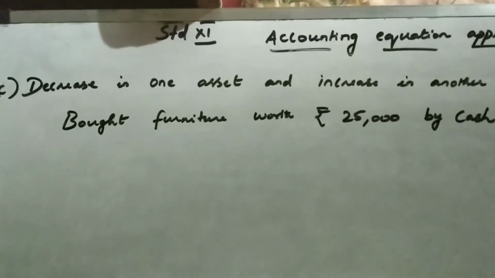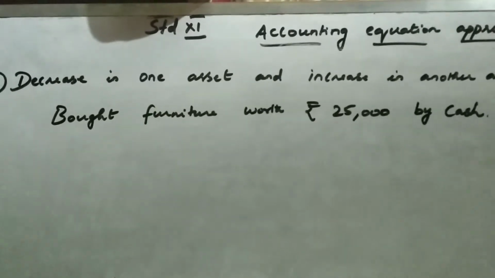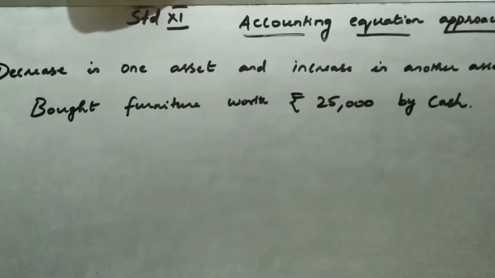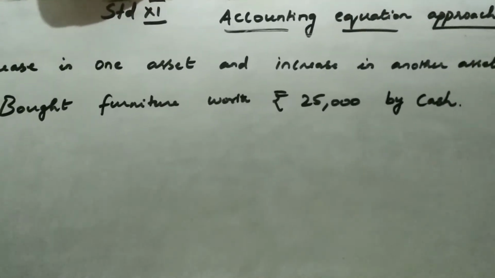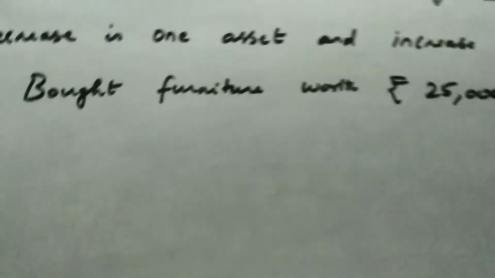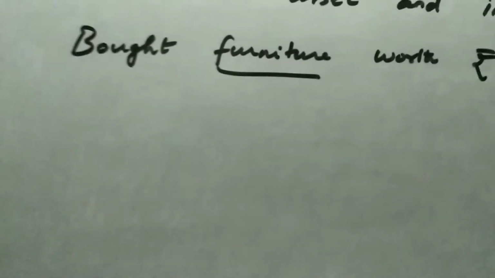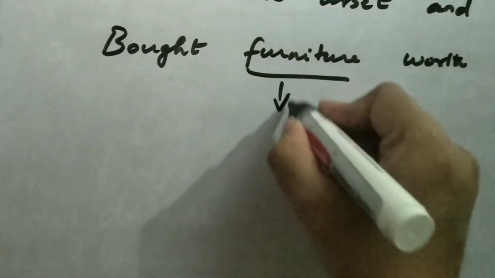The next situation: decrease in one asset and increase in another asset. Bought furniture worth rupees 25,000 by cash. What are the two things involved? Furniture and cash, so both are assets.